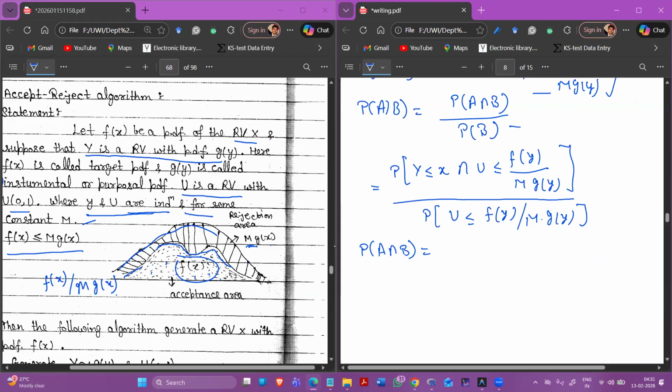How do you write this one? Probability of A into probability of B, right?